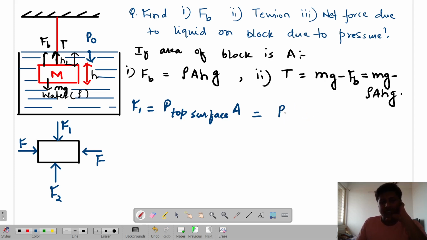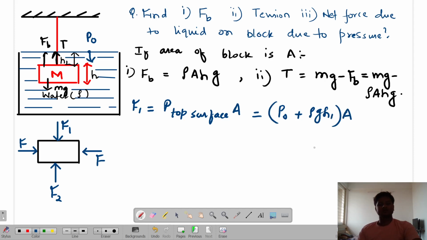Top surface pressure is atmospheric pressure plus rho g h1, into area. Now F2: what is F2? The pressure at this depth, which is still due to the upward pressure, isn't it?